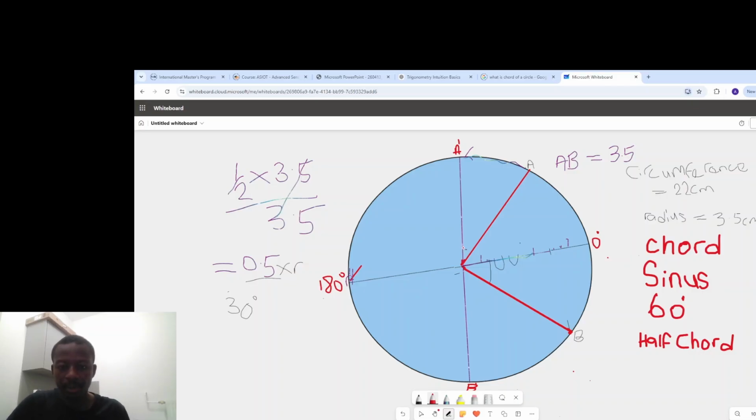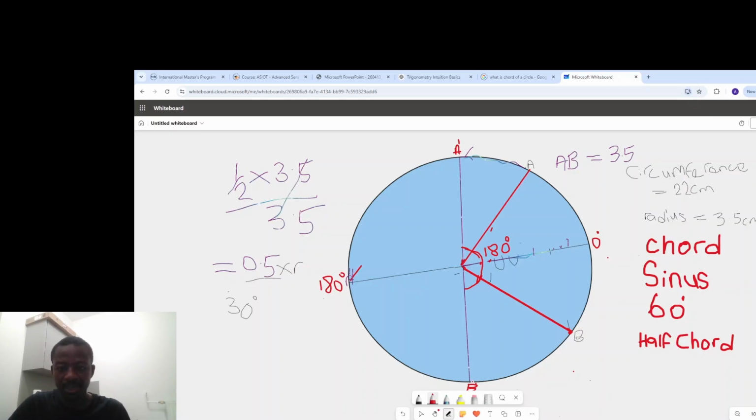Now the total angle here should be 180 degrees, and half of it, now this is our chord.